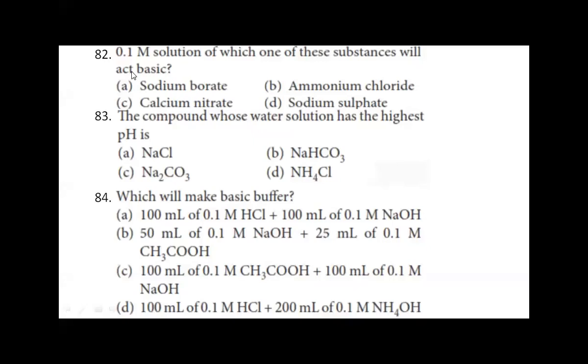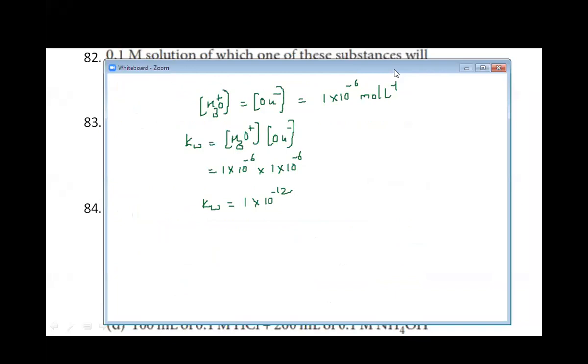Next question. 0.1 molar solution of which of these substances will act basic? Sodium borate, ammonium chloride, calcium nitrate, sodium sulfate. Okay, so let us consider here. The first option given is sodium borate.